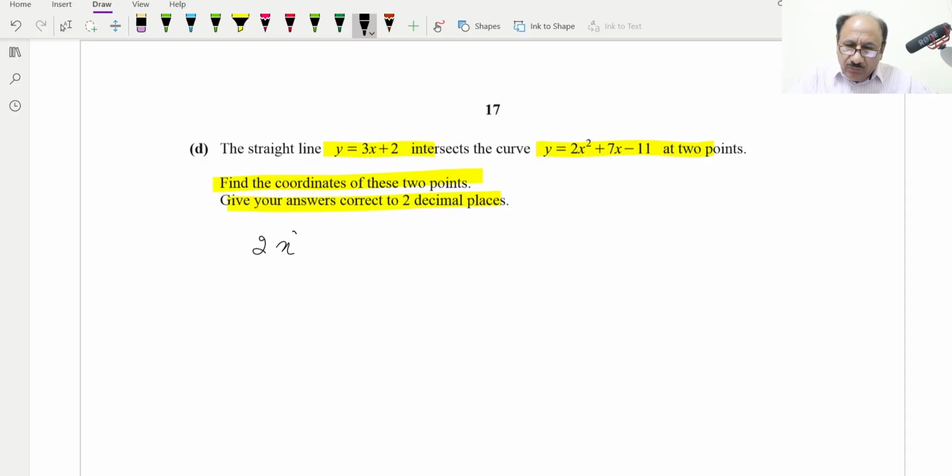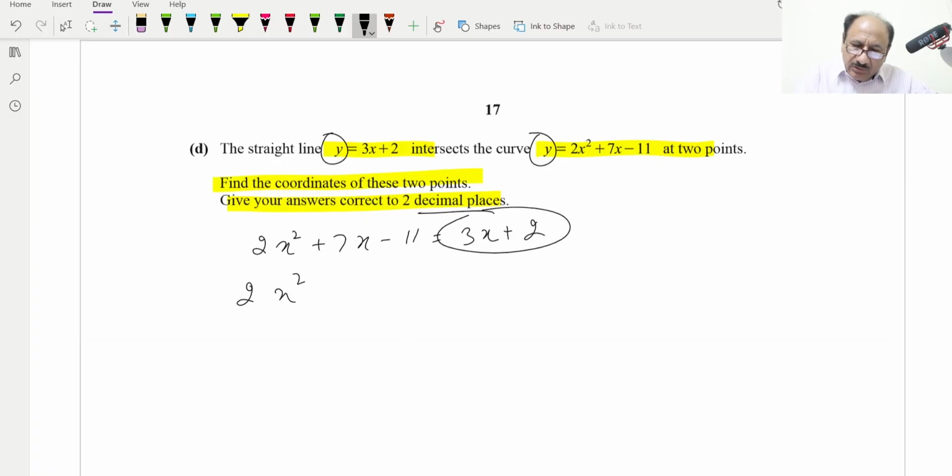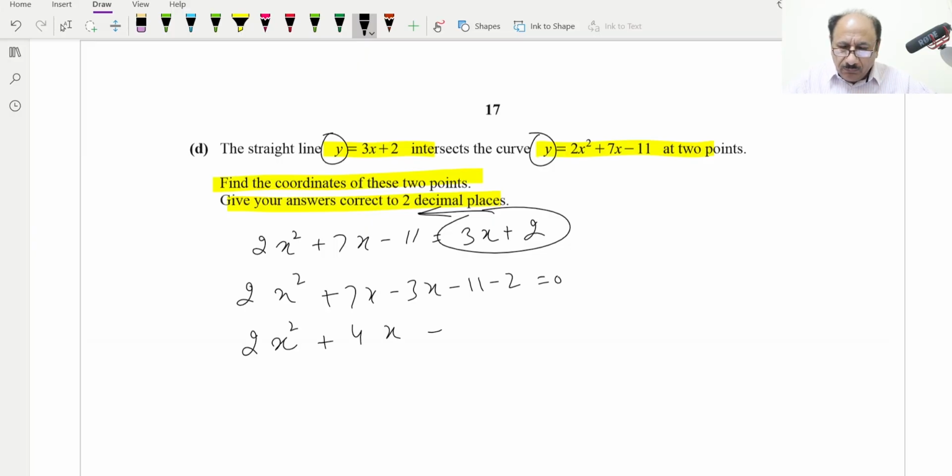So we will equalize both the given equations. Both are equal to y, so we can write this equal to 3x plus 2, and we will shift this side to the other side, so this will be 2x squared plus 7x minus 3x minus 11 minus 2 is equal to 0. So our equation will become 2x squared plus 4x minus 13 is equal to 0.